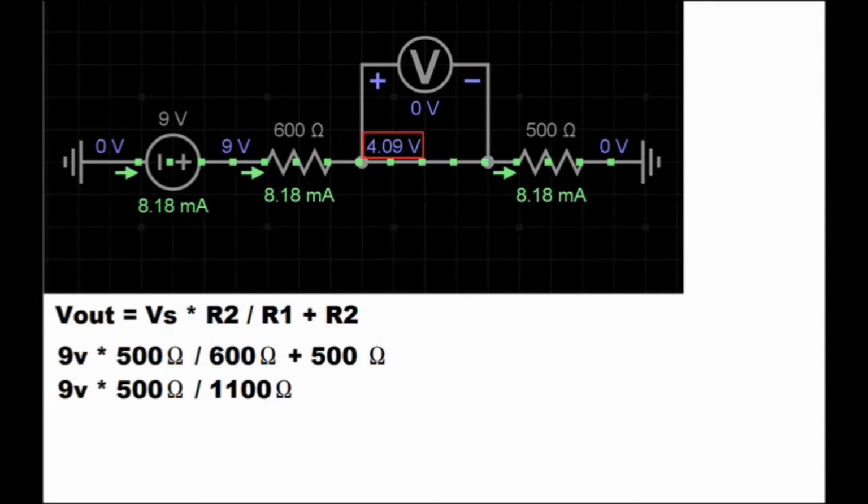Simplified to 9 volts multiplied by 500 ohms divided by 1100 ohms. Now the equation is simplified to 9 volts multiplied by 0.4545, which gives us a voltage output of 4.09 volts.